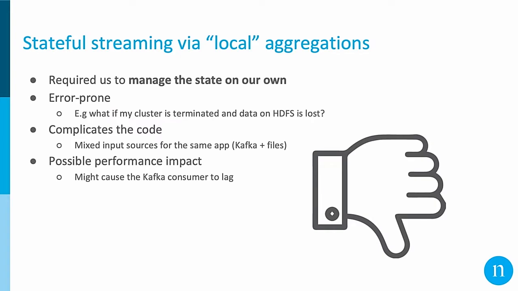It was error-prone because what happened if the EMR cluster was terminated and I lost the HDFS? It complicated the code, and it also imposed possible performance impact on our application. Say that I had delays in writing the data to HDFS or my database. It means that the Kafka consumer lagged, right, because of those delays. So, not very good.